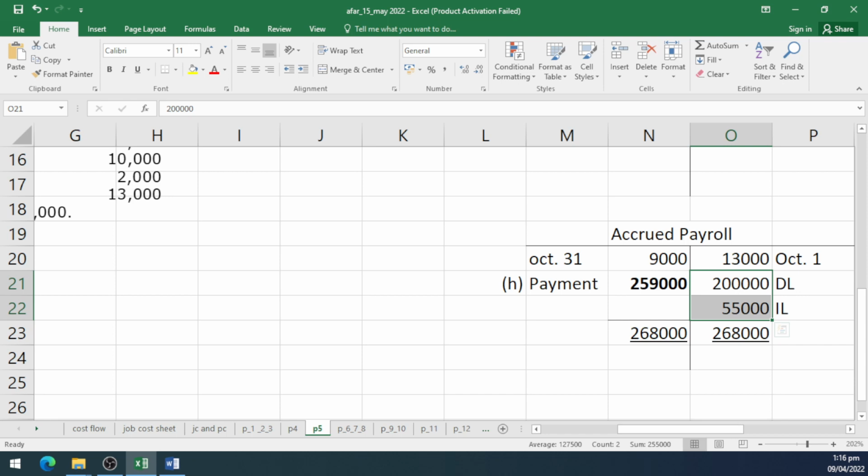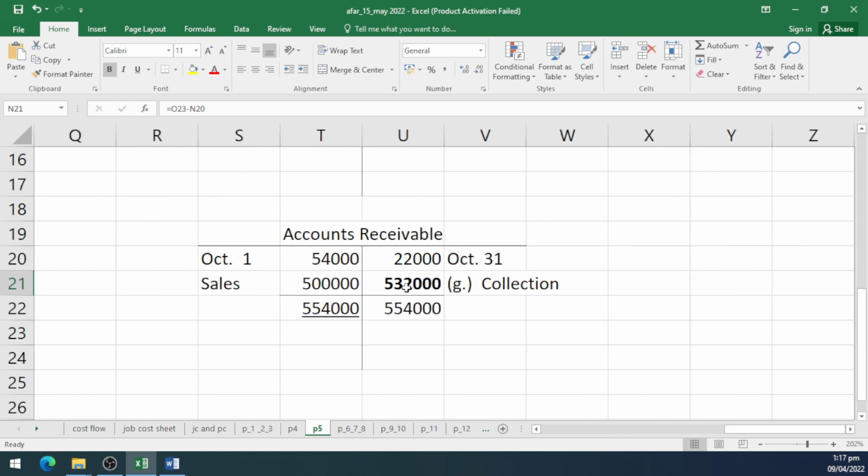Ayan. So, 268,000 minus 9,000, the total debit or the net, the amount of payment is 259,000 pesos. Yan. And then, for the collection naman, madali lang yun. Beginning AR plus sales minus ending accounts receivable, that's the amount of collection.